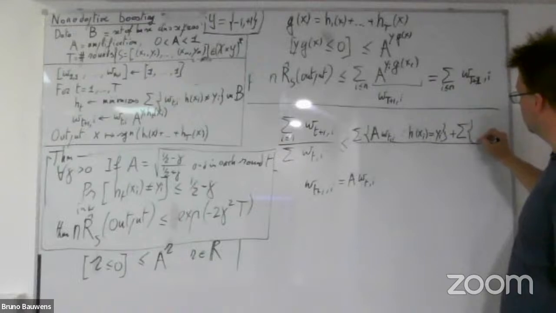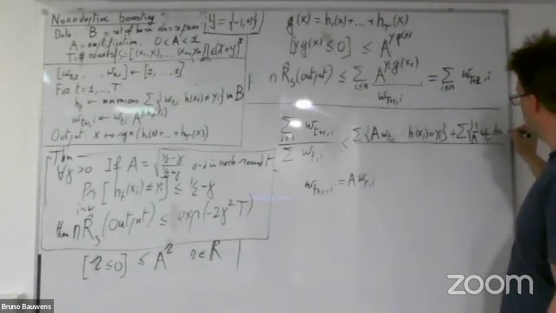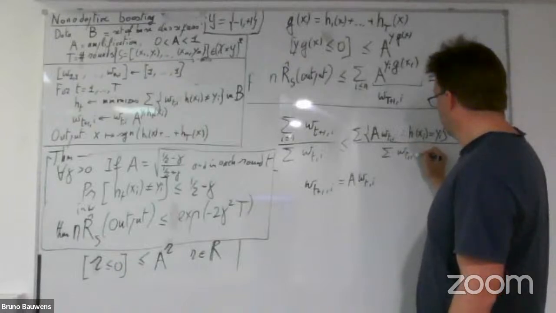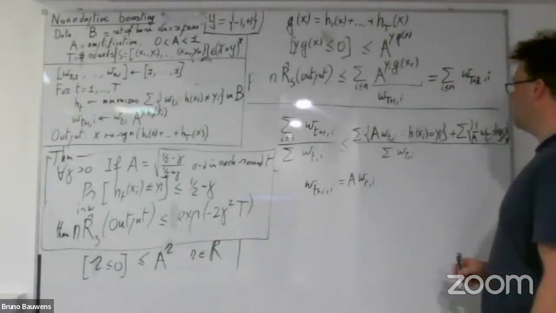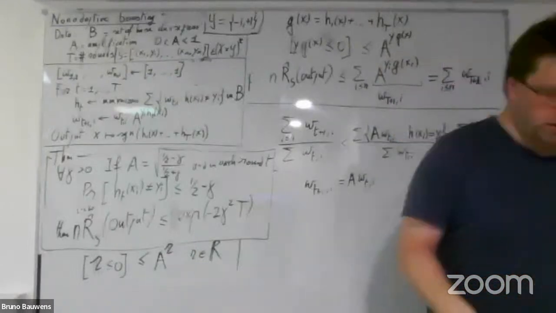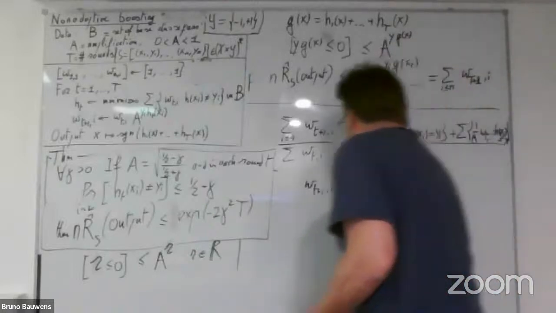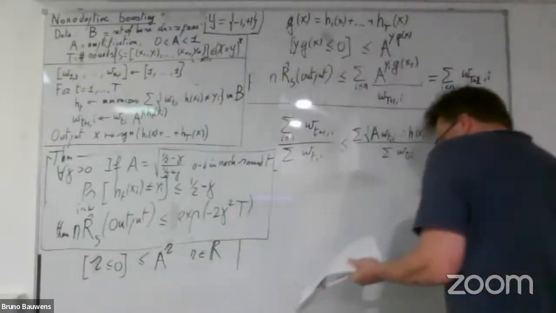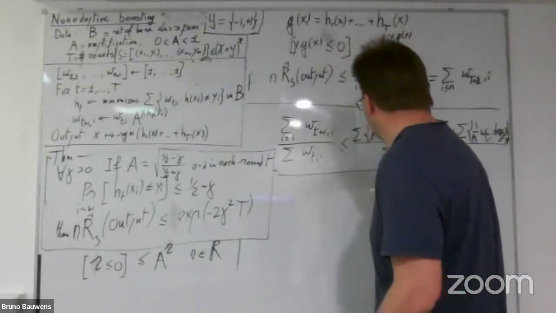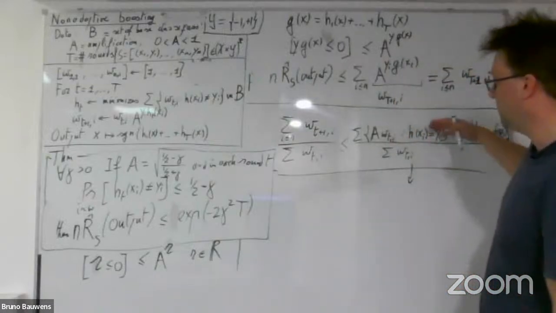And here we have the opposite: 1 over a times w_t(i), for which h_t(x_i) is not equal to y_i. What do we have here? We can view this as a convex combination, so we want to have an upper bound for the right expression.